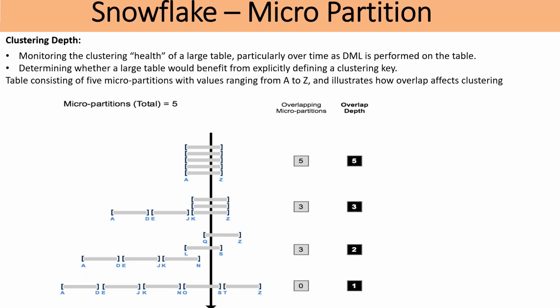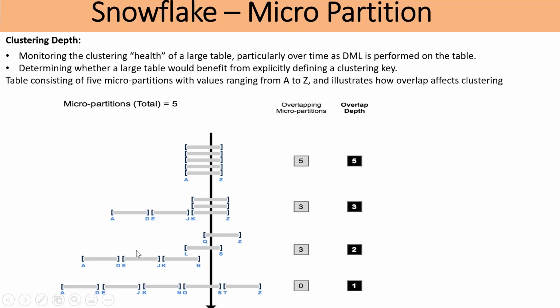The reason is all 5 of them are overlapping. So the overlapping micro partitions are 5, and the clustering depth is also 5. That's called the clustering depth. Depth means the number of micro partitions it has to scan to get you the data. And you have a lot of overlapping. When we talk about thousands of records, you definitely have overlapping, and then it has to scan. So if the depth is higher, it's not a good candidate.